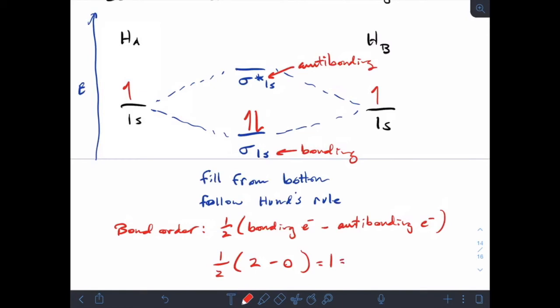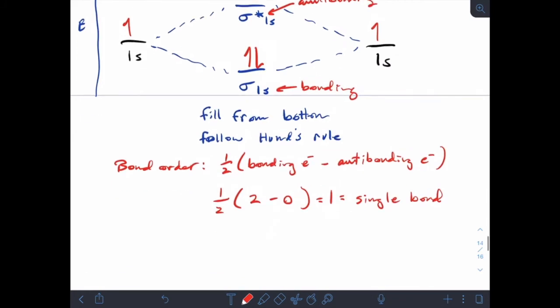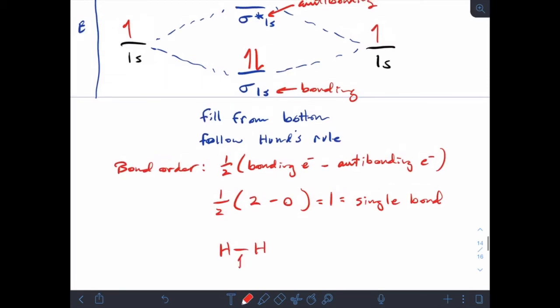And if you remember, a bond order of 1 means that I have a single bond. And that's what we would predict. That's what we've seen before, that when we draw molecules of hydrogen, dihydrogen, they look like this, and so we would expect there to be a single bond.